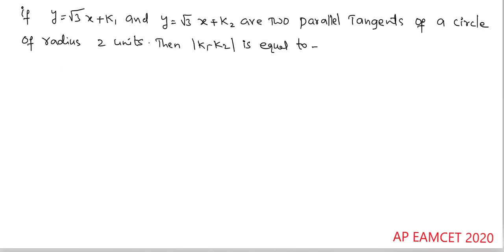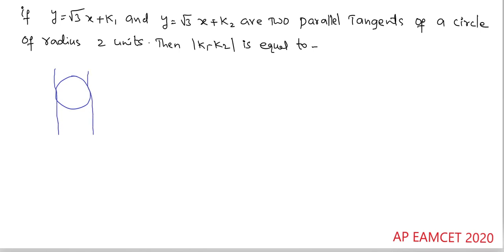If y is equal to root 3x plus k1 and y is equal to root 3x plus k2 are two parallel tangents of a circle of radius 2 units, then modulus of k1 minus k2 is equal to, here is given, this is the circle, here is two parallel tangents, this is the first tangent and this is the second tangent.